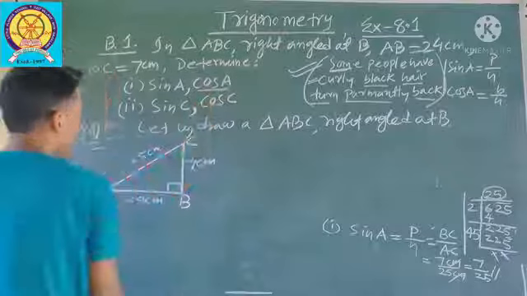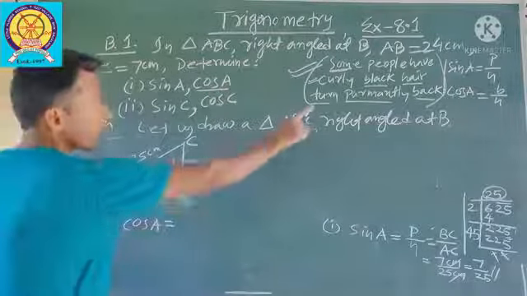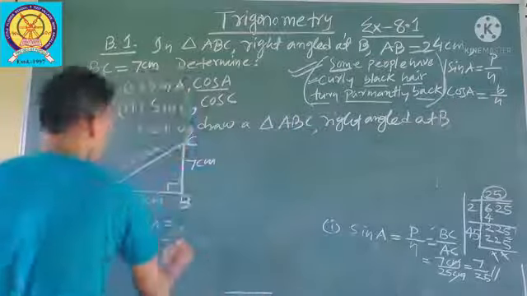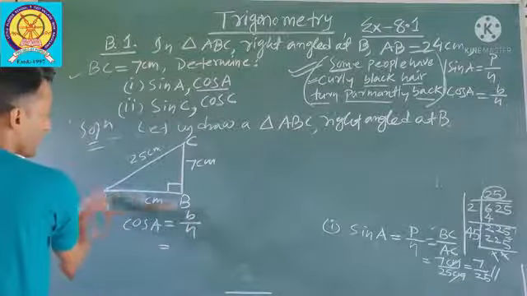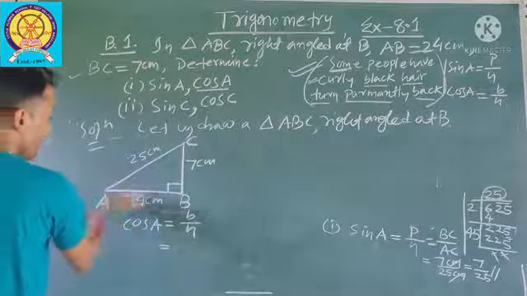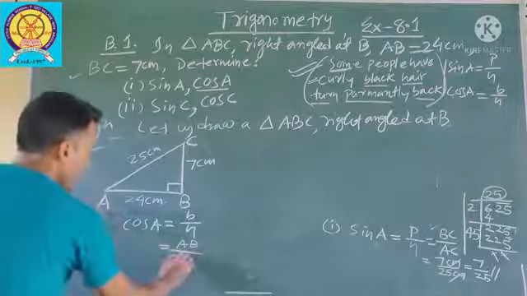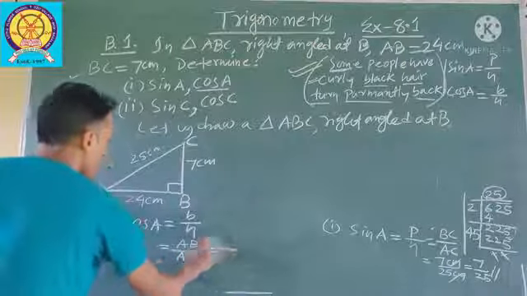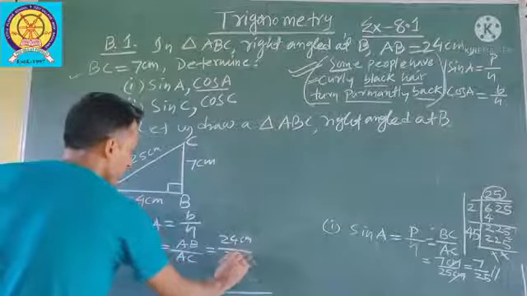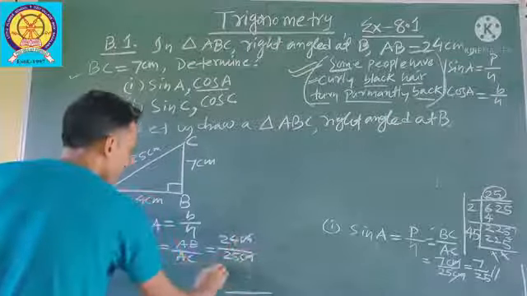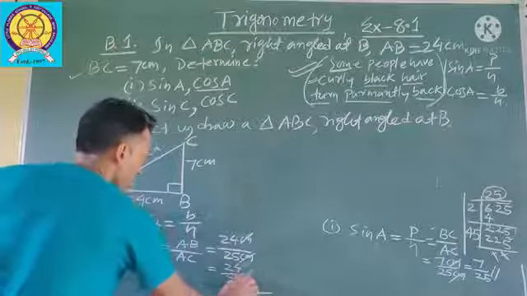Now we find cos A. Cos is base by hypotenuse. With respect to angle A, base is AB, hypotenuse is AC. AB we have 24 cm, hypotenuse 25 cm. The cm cancel, so cos A is 24 by 25.